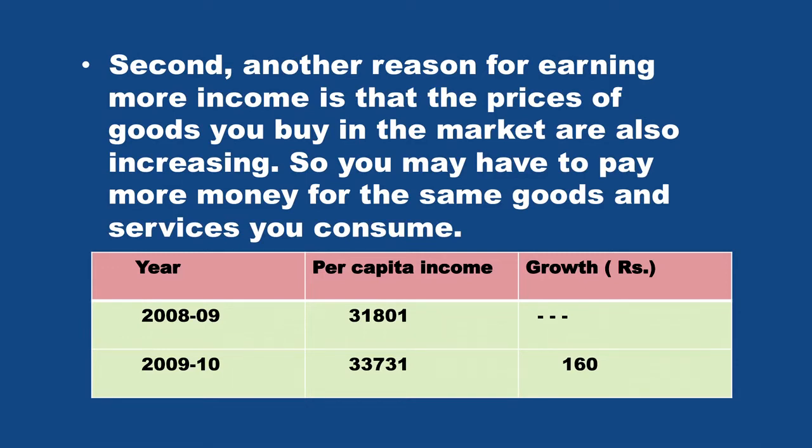So, you may have to pay more money for the same goods and services you consume. We can see the table. In the year 2008-9, per capita income was 31,801. Again, in the year 2009-10, the per capita income increased to 33,731. That means there was a growth in the per capita income.